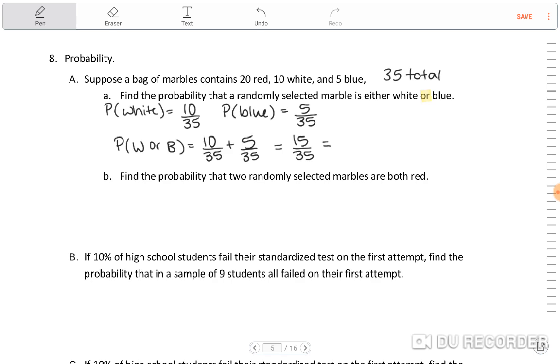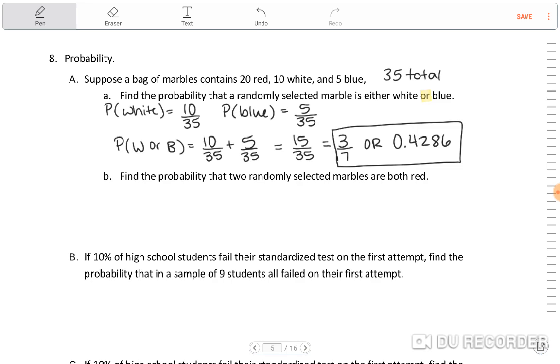It's 3/7, or as a decimal, 0.4286. I rounded that to 4 decimal places, so the exact answer would be 3/7, or if you round to 4 decimal places, it would be 0.4286. I put it at 4 decimal places on the answer key.